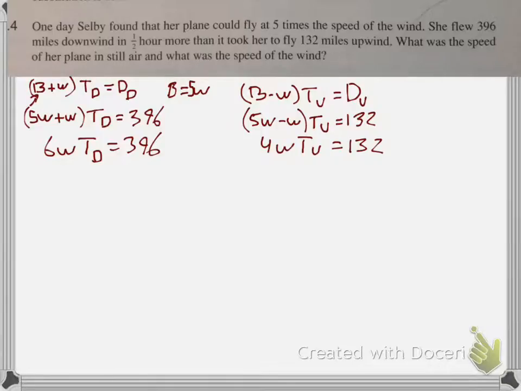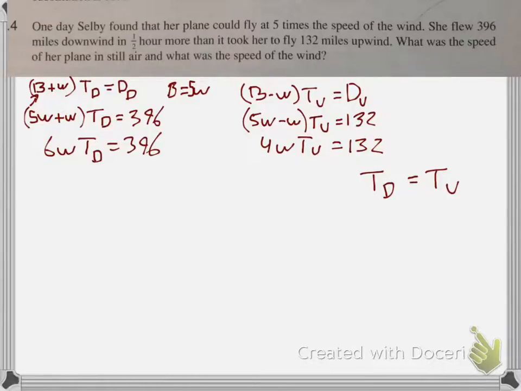I don't think that if I move over here and I go TD is equal to TU, is that true? Yeah, it is. What about 1/2? So it's a half an hour somewhere.